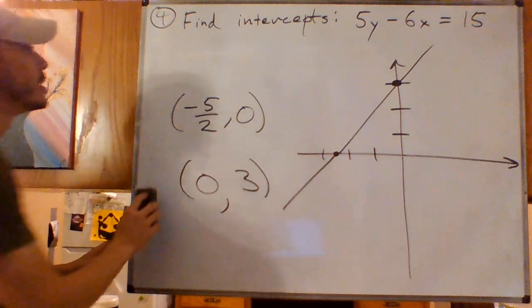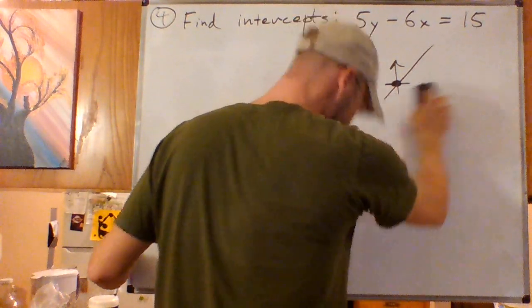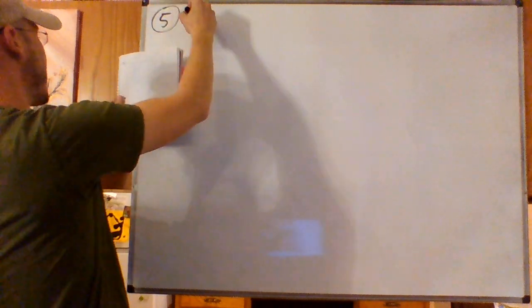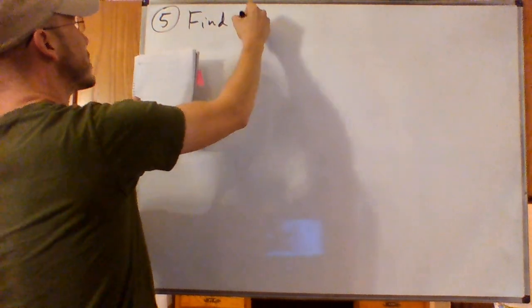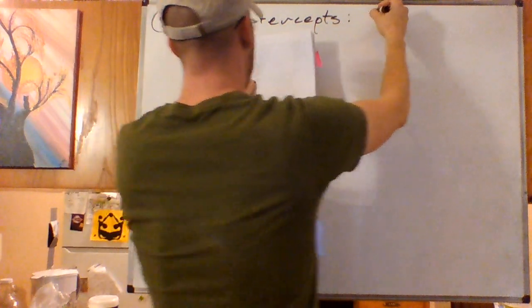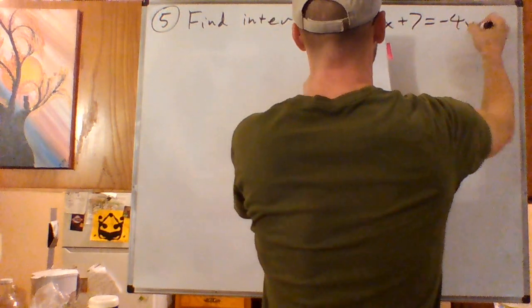I have another one like this, where we'll find intercepts and use them to plot 2 points to graph the line. For number 5, it's again, find intercepts. 4x plus 7 equals negative 4y plus 7.